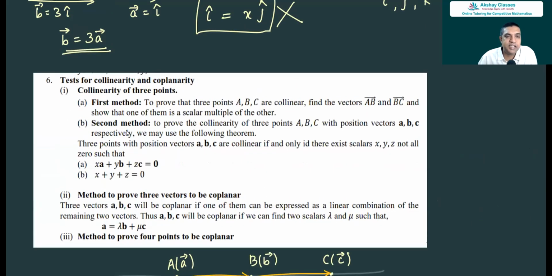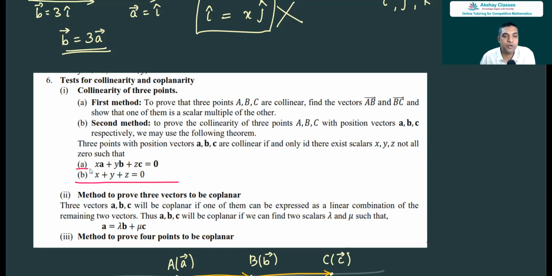Okay. Now the second method to prove the collinearity of 3 points with position vectors A, B, C: they are collinear if and only if there exist scalars x, y, z, not all zero, such that this condition holds.